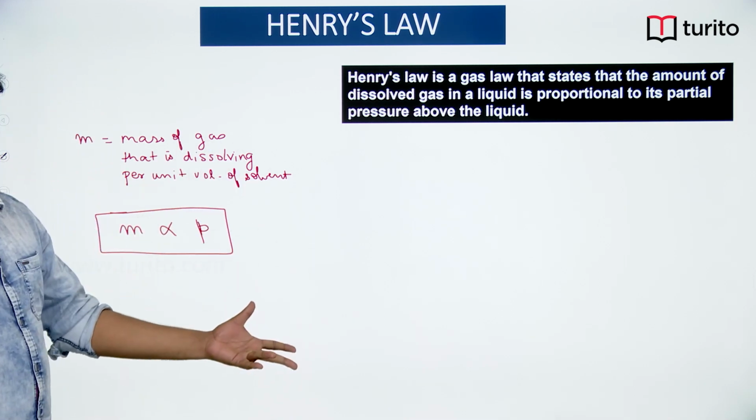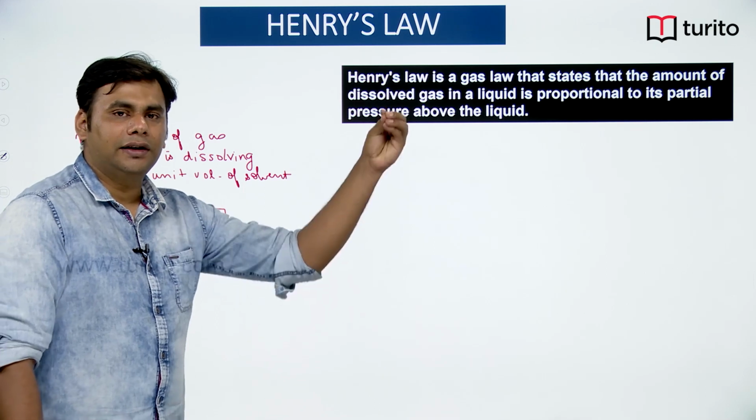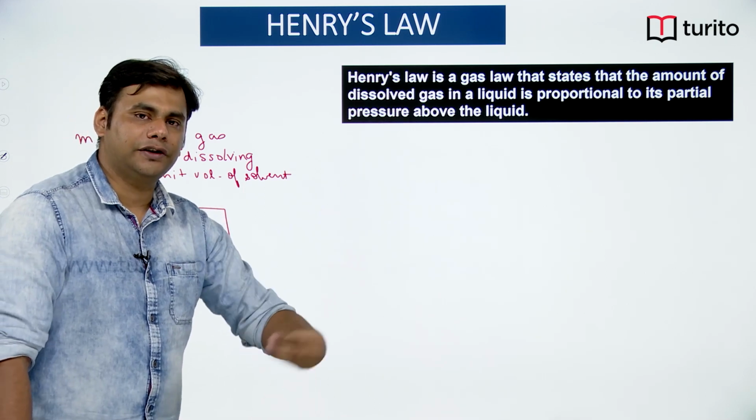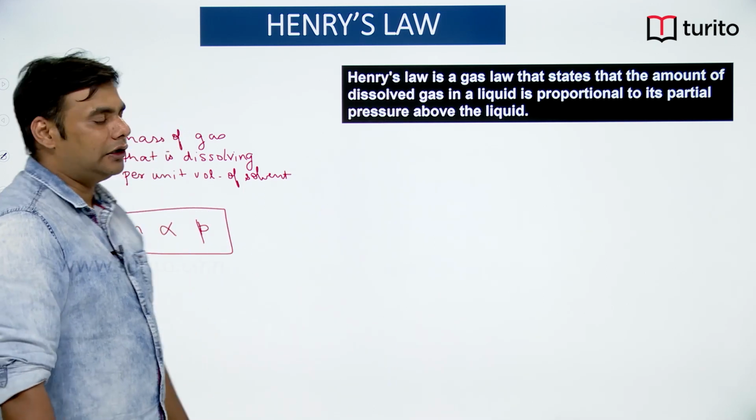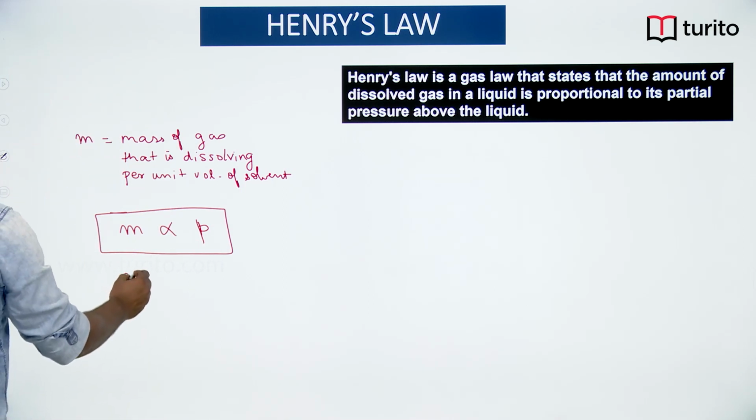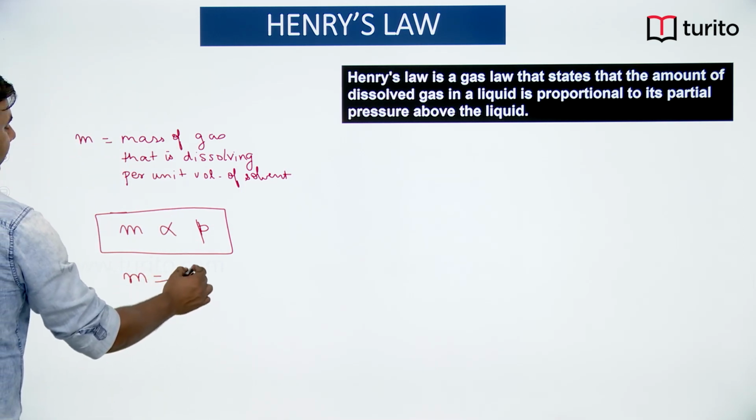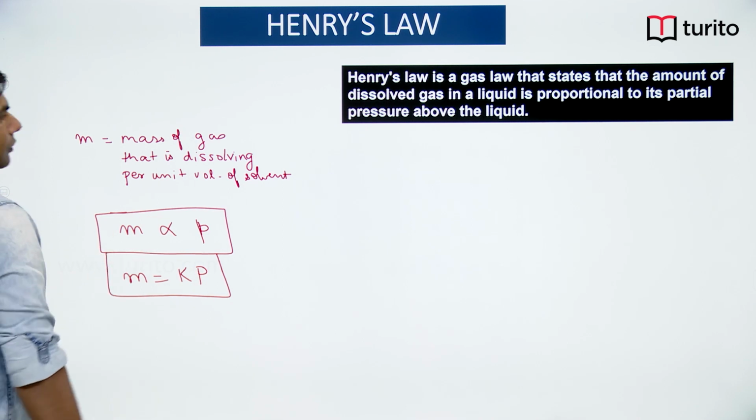The more the partial pressure, the more easily can the gas molecules penetrate through the surface into the liquid, and the more will be its solubility. So if you remove the proportional sign, this will come as m = K into P. Hope this is clear to you.